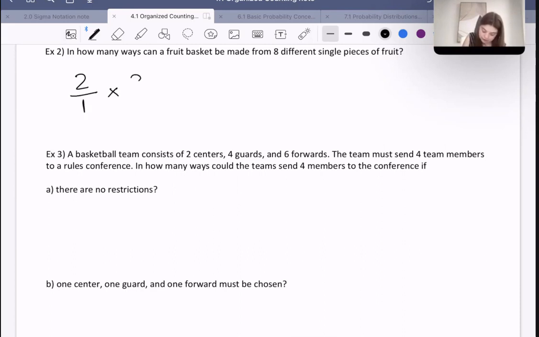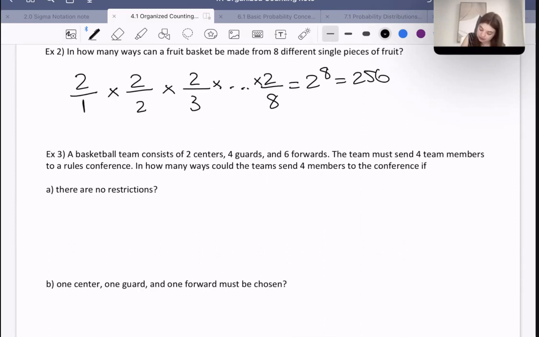What about for the second type of fruit? Well, same thing. Either the fruit is there or the fruit is not there. So there's two options, either it's there or it isn't. Same with fruit three, all the way up until fruit number eight. And so therefore, the answer is 2 to the power of 8, which is 256.